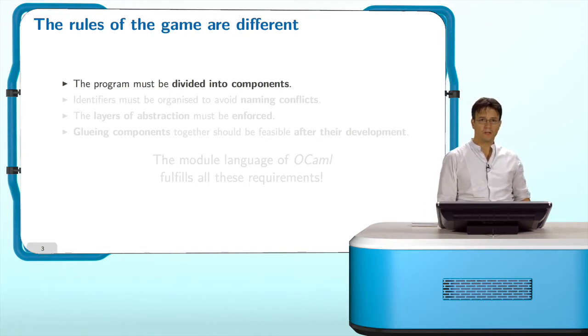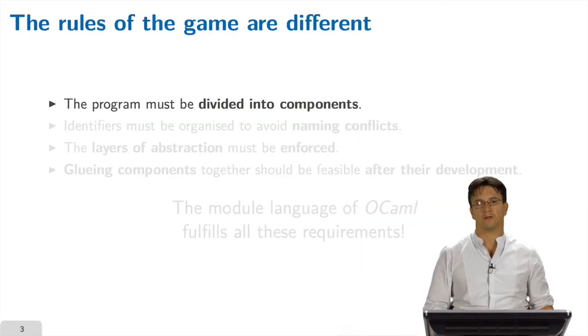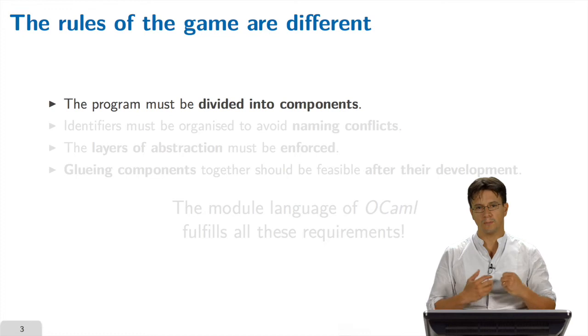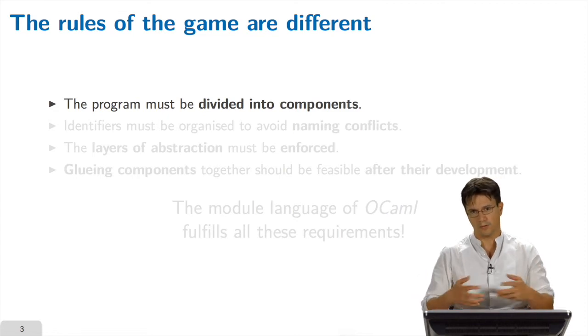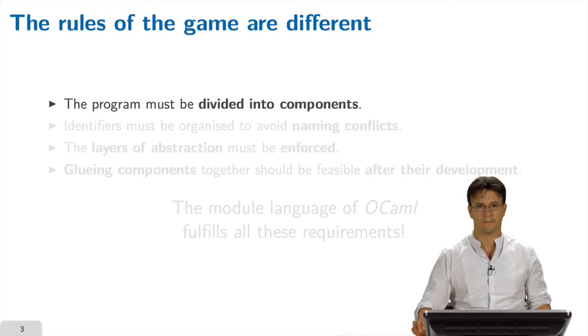So the rules of the game are different now, and what you want to do is really different from what you do when you implement algorithms. The first thing that you want to do is to be able to split the system into smaller components that can be understood separately and also whose development can be delegated to several programmers.